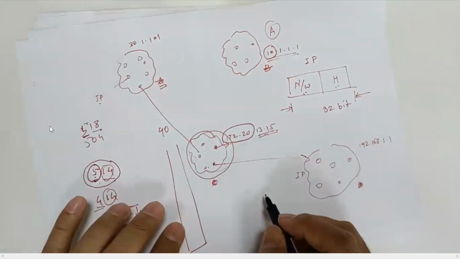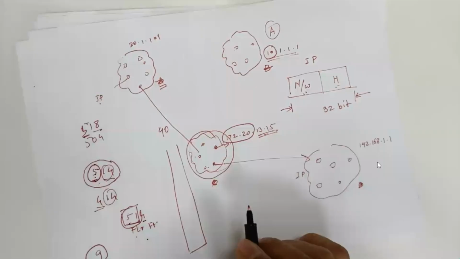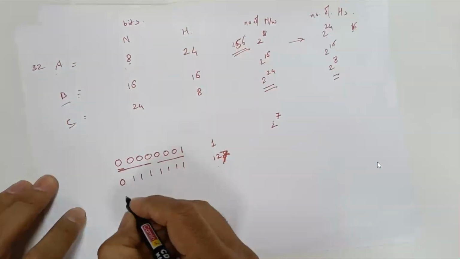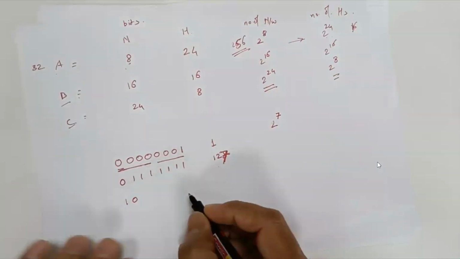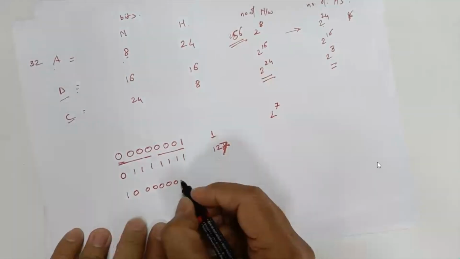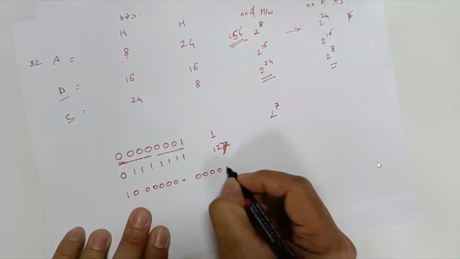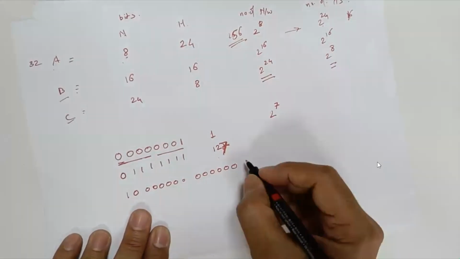Similarly for class B, if the first two bits are fixed, what is the maximum you can have? 128 to 191. So how will you calculate that? If the first two bits are 1 0, then you keep all the 0 values in the first octet, and in the second octet also all zeros.